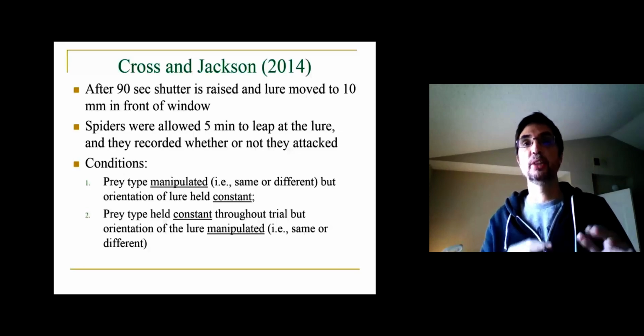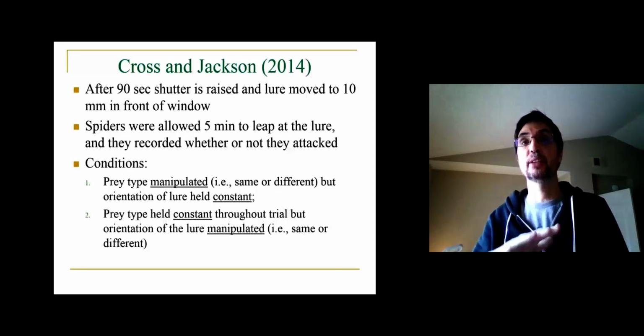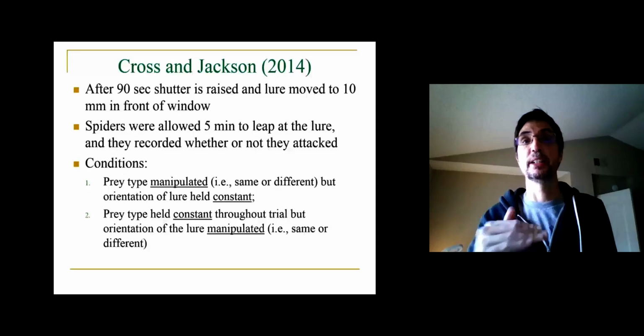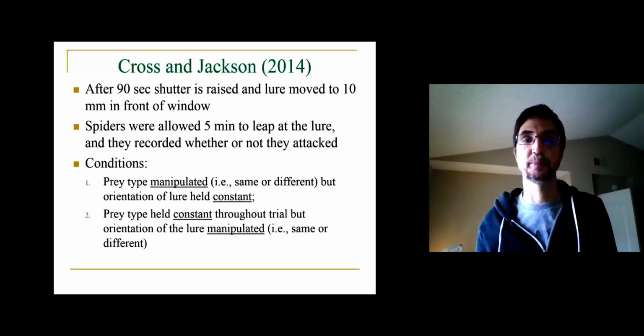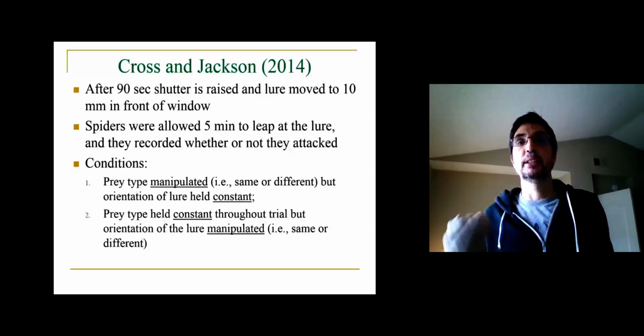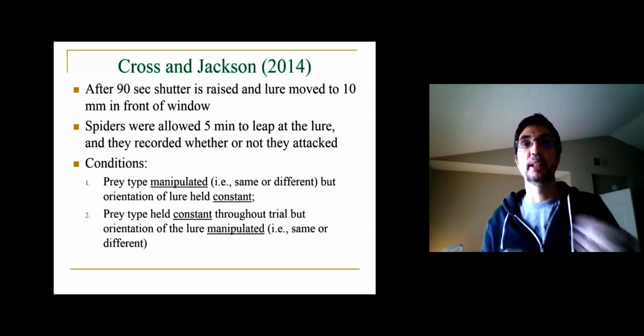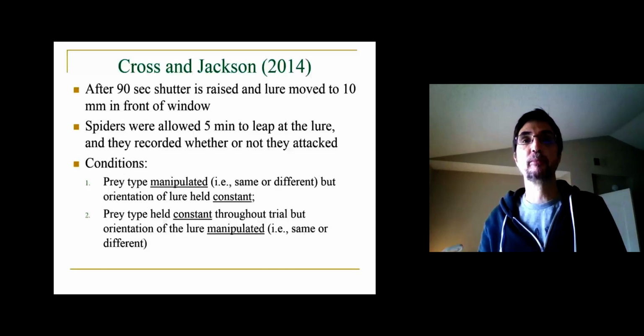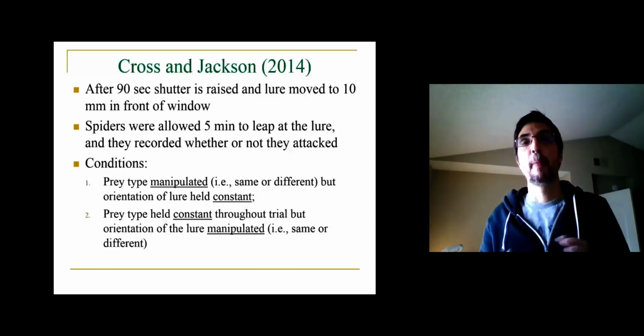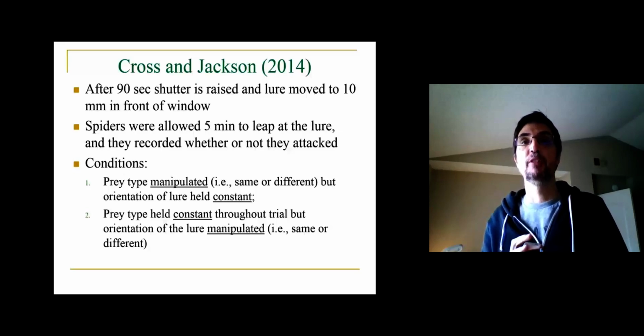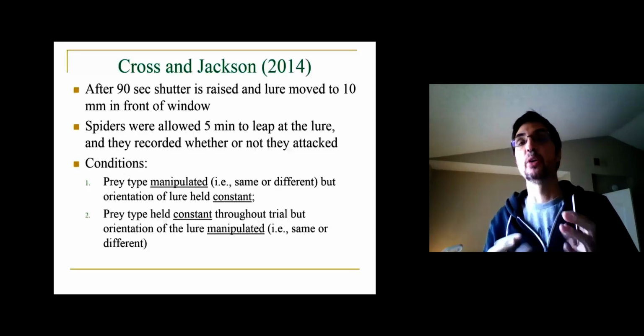In this condition, the actual orientation, the direction that a spider is facing, is held constant at both times. In the second condition, the same prey is presented at both times, so it's always constant, but what they manipulated was whether the orientation of the prey stayed the same or was different.